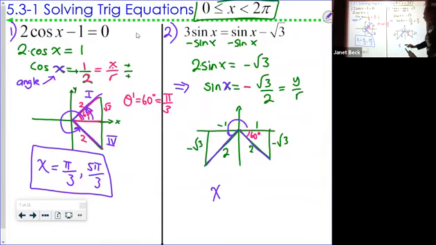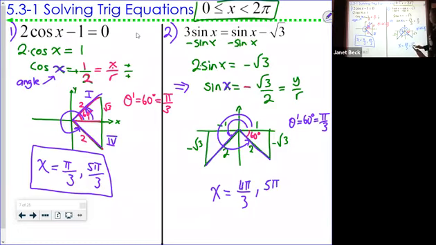My reference angle is 60 degrees, which is pi by 3. When I'm in quadrant 3, I've named that angle 4 pi over 3. When I'm in quadrant 4, I'm going all that way around. It would be 5 pi over 3.